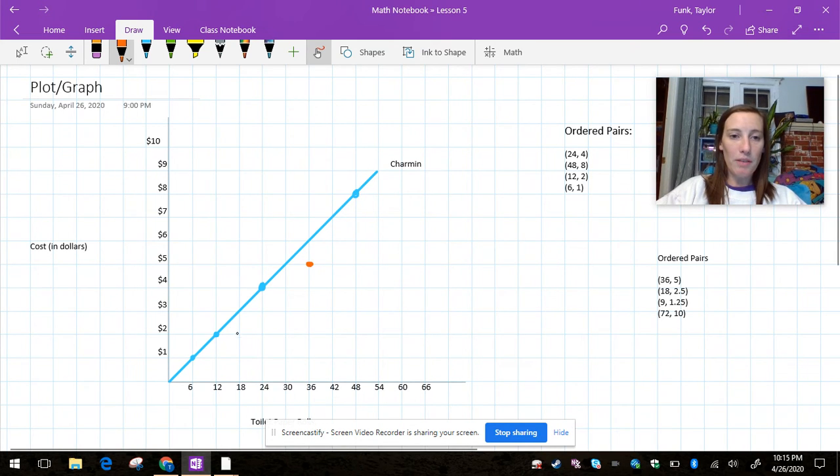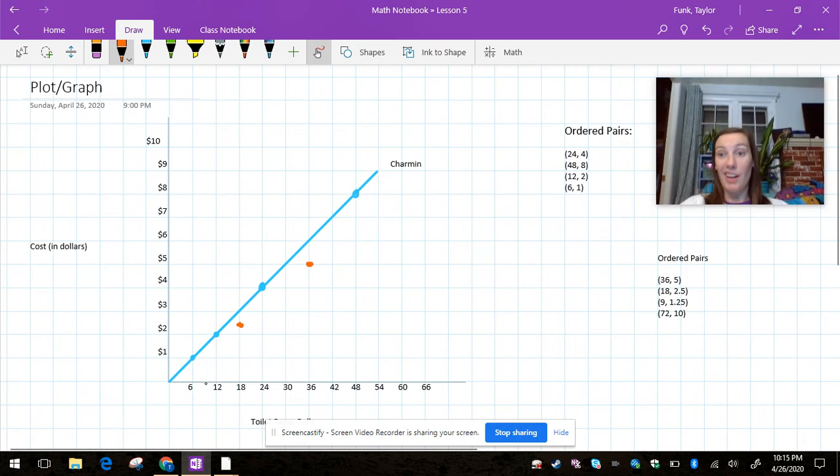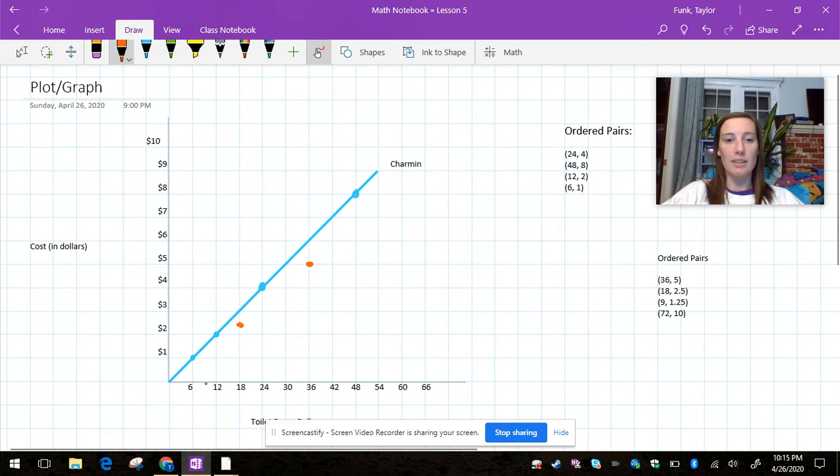18, 2.5, so 2.5 would be halfway between 2 and 3. 9, which I don't even have a spot for, so I really got to think outside of the box. 9 would be halfway in between here, and we want to do $1.25, which is a quarter of the way up, so that is a tricky one.